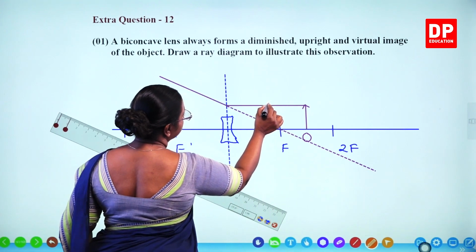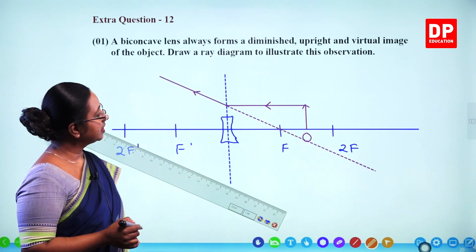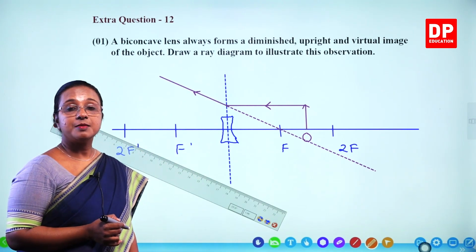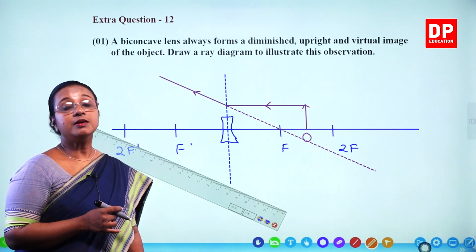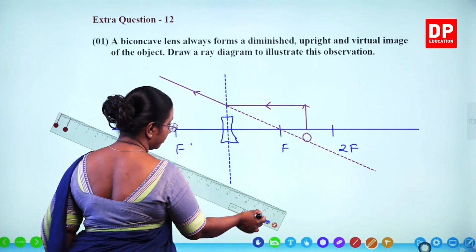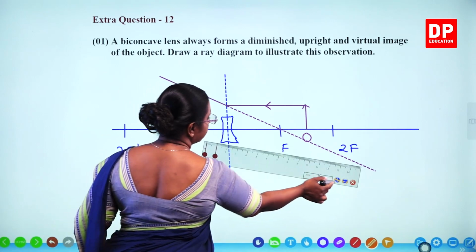Another ray has to be drawn. Before that I will mark the directions. A ray that is coming through the optical center travels along the optical center without undergoing bending.